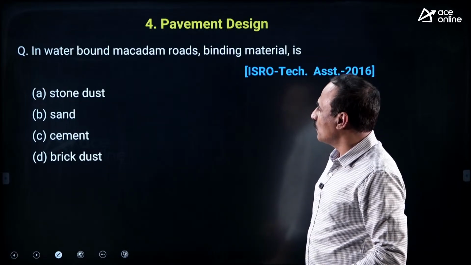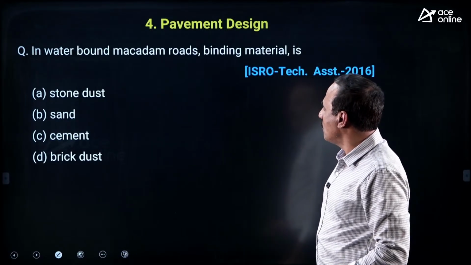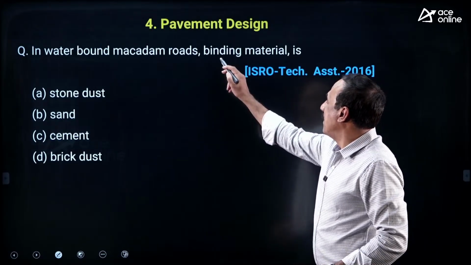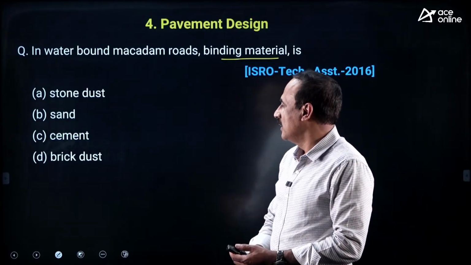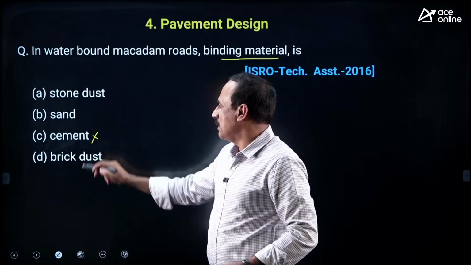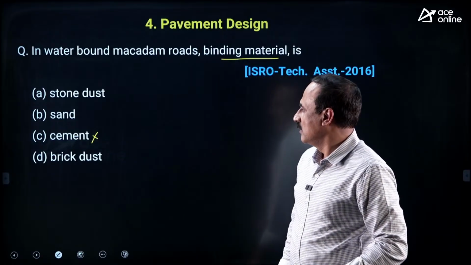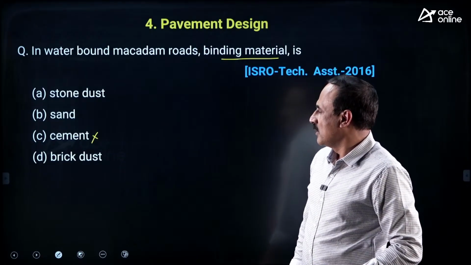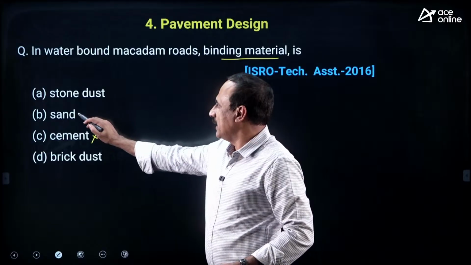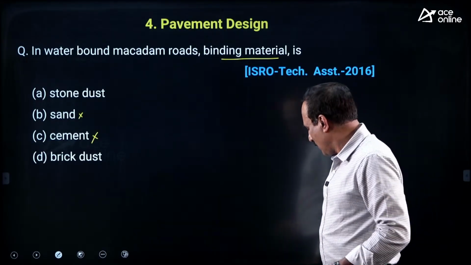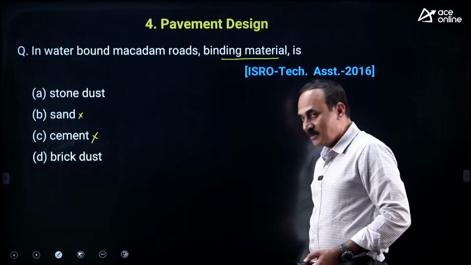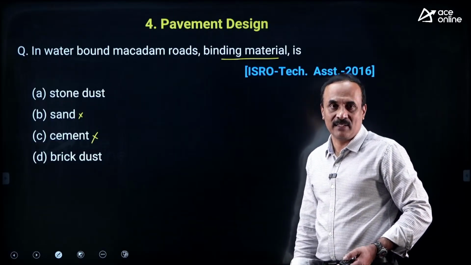Next, look at this question and tell me the answer. In water-bound macadam road, binding materials are binding material. We never use cement. Sand is not a binding material. So, what may be the answer? Binding material, which is a binder.